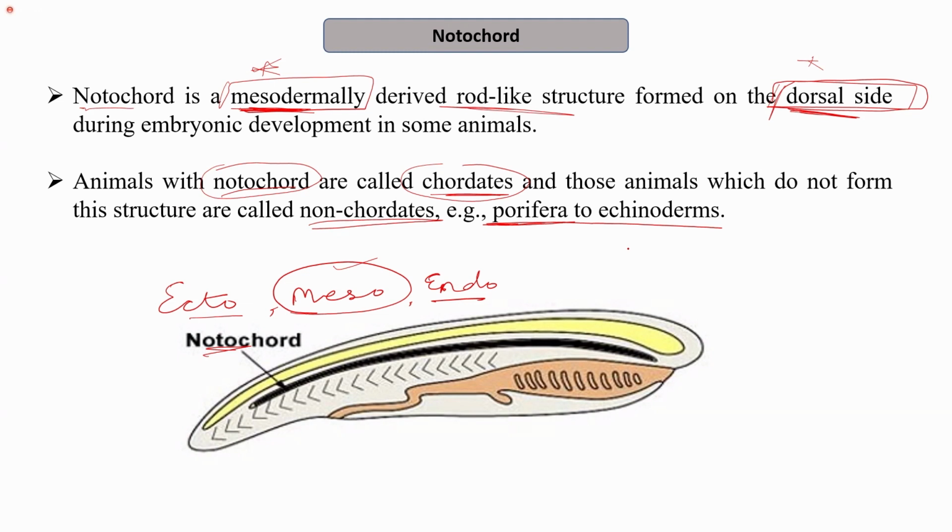While in vertebrates, which we will discuss later, like aves and mammals, we have this notochord. Therefore, we belong to the category chordates, while the organisms that lack this notochord belong to non-chordates, for example, the animals belonging to phyla Porifera to echinoderms.